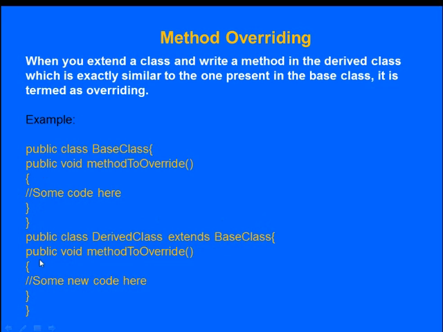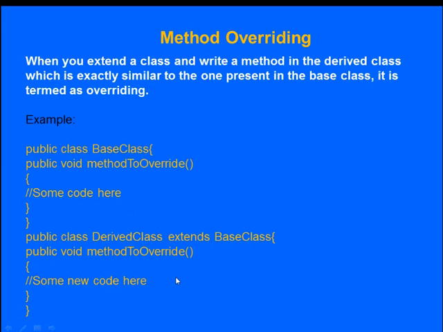If we observe, we have one method, public void methodToOverride. Here we don't have any arguments, and the return type is void. In the base class also we have the methodToOverride method, with no arguments and a return type of void. So this concept is known as method overriding.